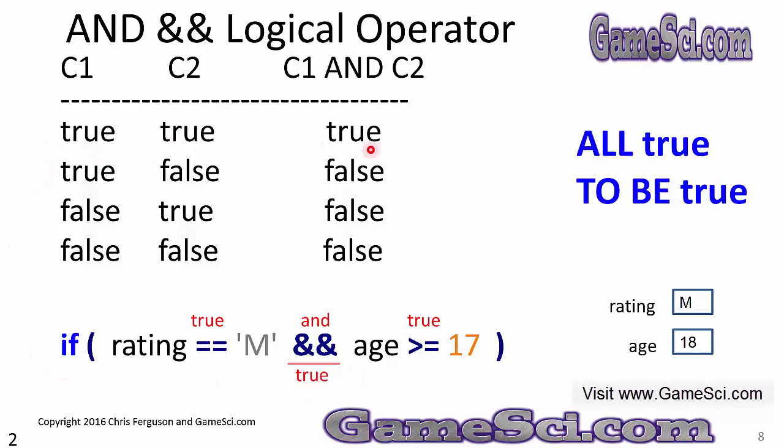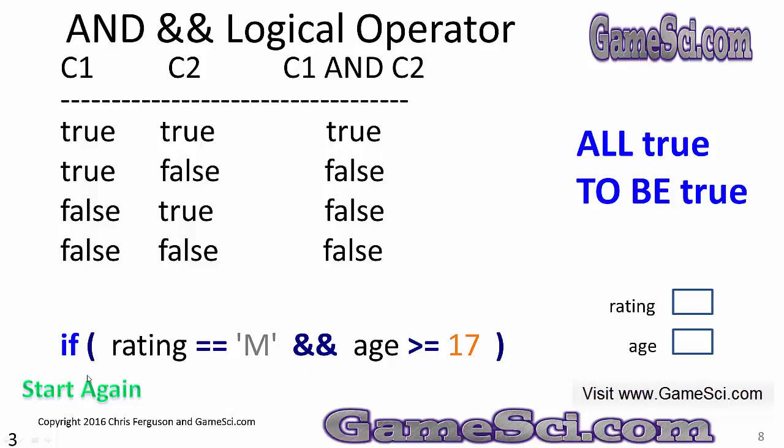Focus on this line of the truth table. If both my inputs are true, then the result of the AND is true. This here is called a truth table. It goes through all possible inputs of true and false for the AND logical operator and tells you what the output should be for those 2 inputs.